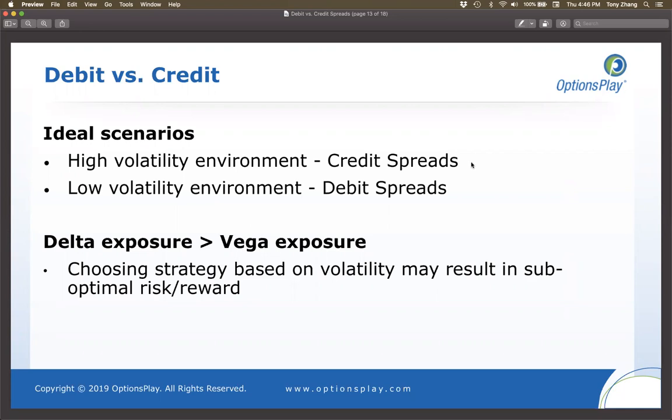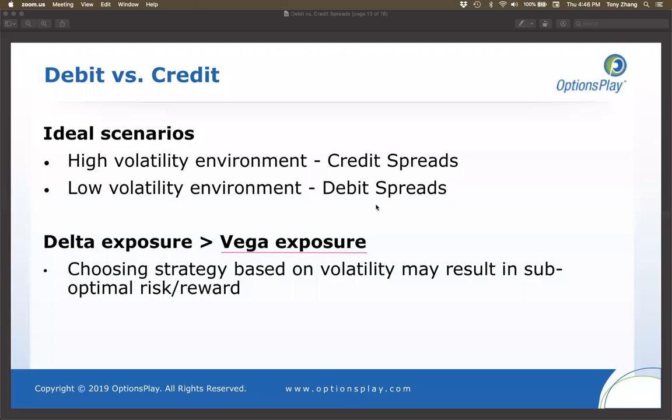And what I want to show you is that, yes, while this statement is true, the opposite is not untrue. What I mean by this is that whether you're trading a debit or a credit spread, your biggest exposure is not to Vega, because when you're choosing your strategies based on volatility, you're basically saying Vega is more important than anything else.